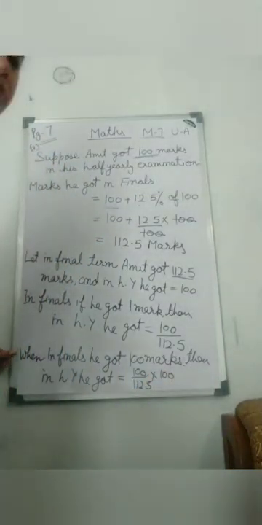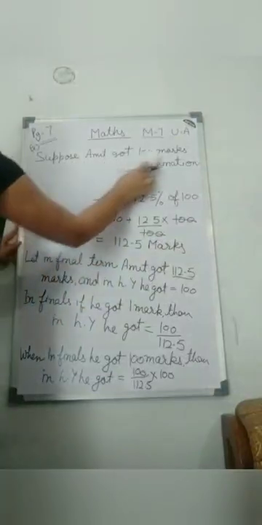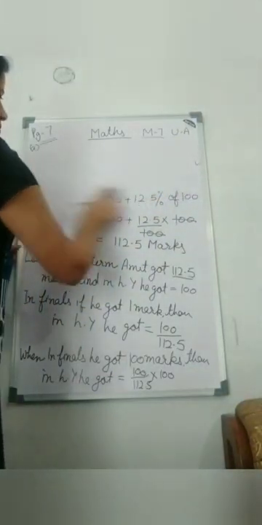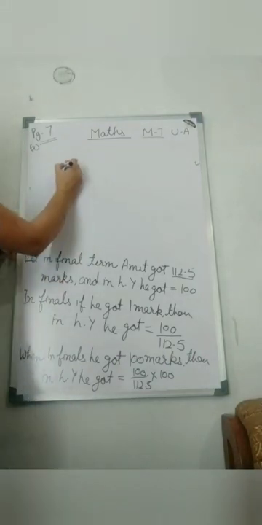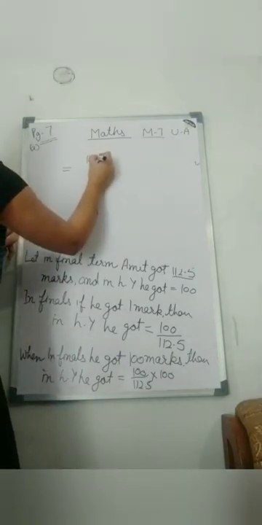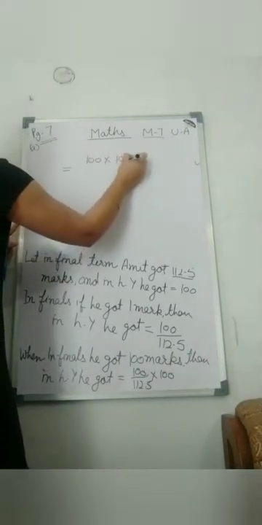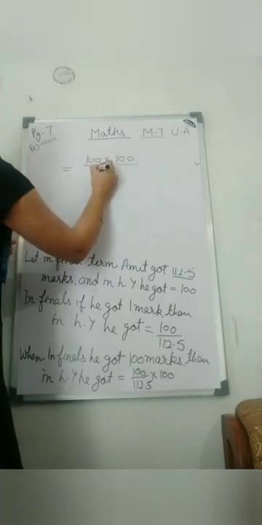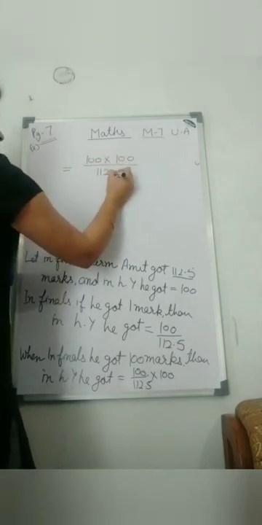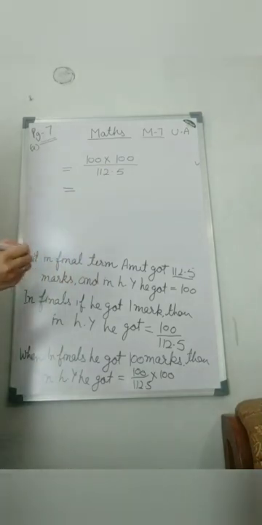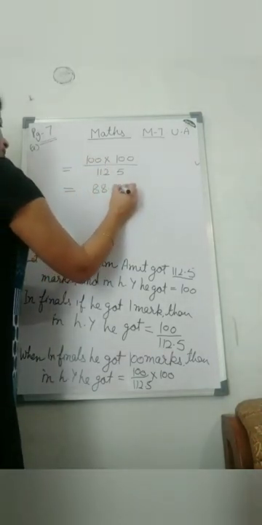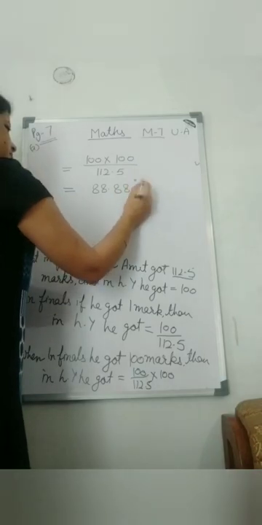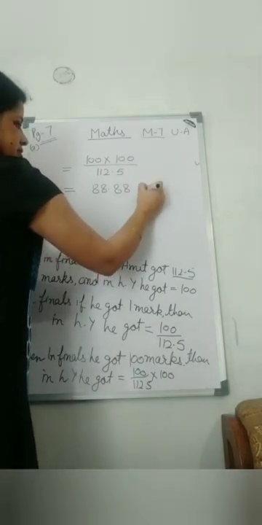Okay, now we solve this one. The answer is 100 multiply 100 upon 112.5. When we solve this one, we get 88.88 marks.